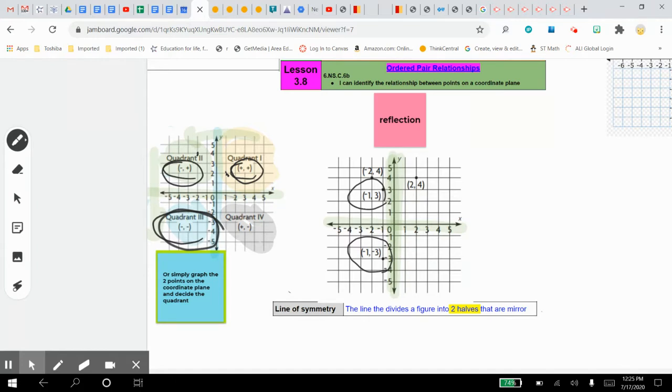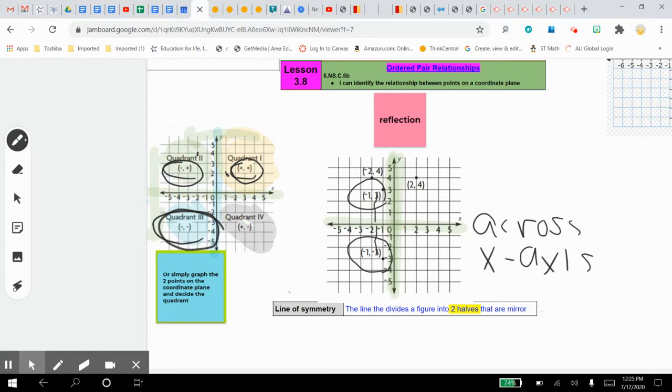When I look at these two coordinates, you can see that it's 1, 2, 3 places down to the x-axis, and it's 1, 2, 3 places up, and they're exactly mirroring one another. So these two are mirrored across the x-axis. Literally, if I fold this like a sandwich on the x-axis, those 2 points would touch one another. I want to make sure that you understand that.